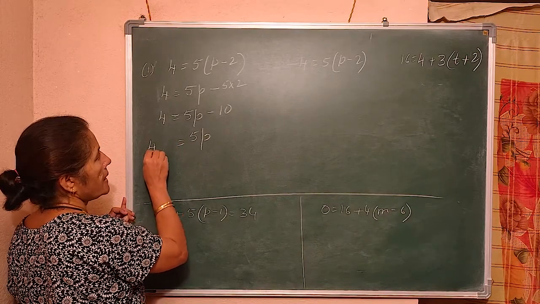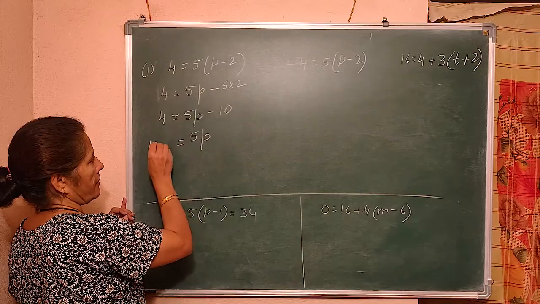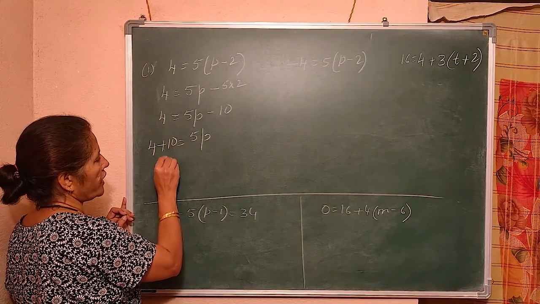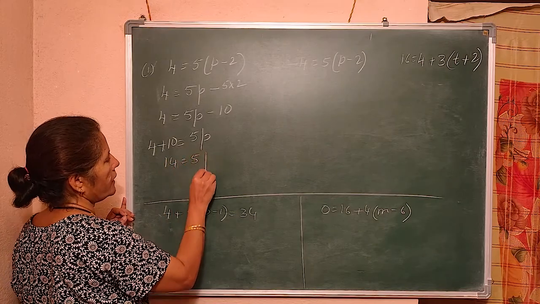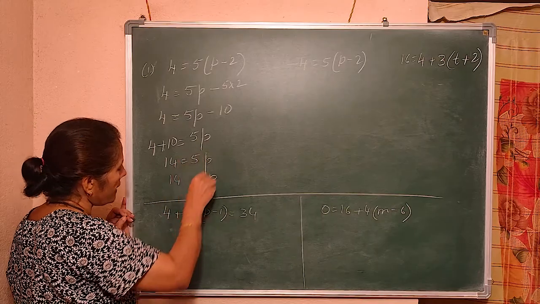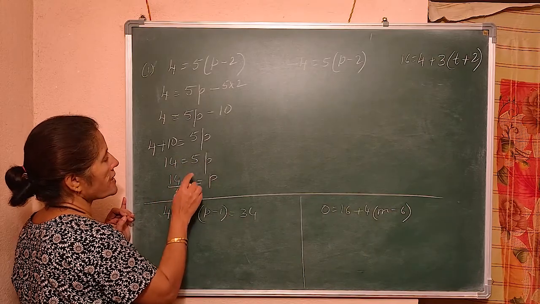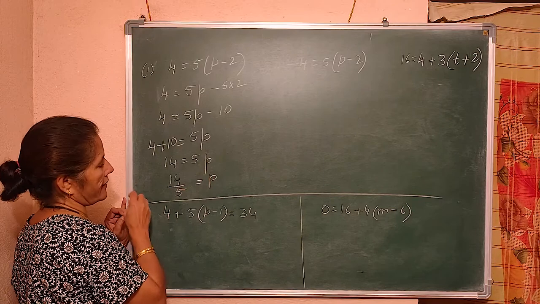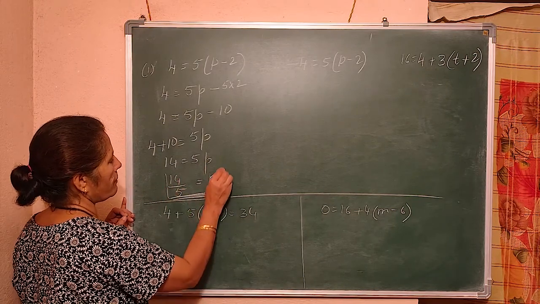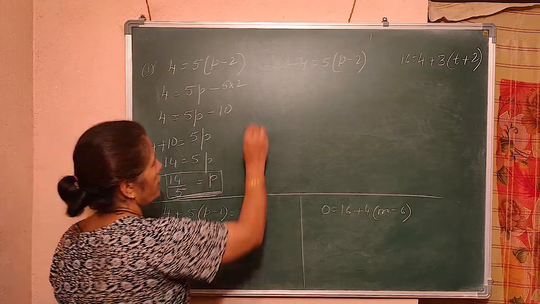Write 4 minus 10, you bring this side, plus 10. Right? 4 plus 10, 14 is equal to 5p. So p is equal to 14 divided by 5, because into 5 you take this side. So p is equal to 14 divided by 5. Correct? This is the first one.